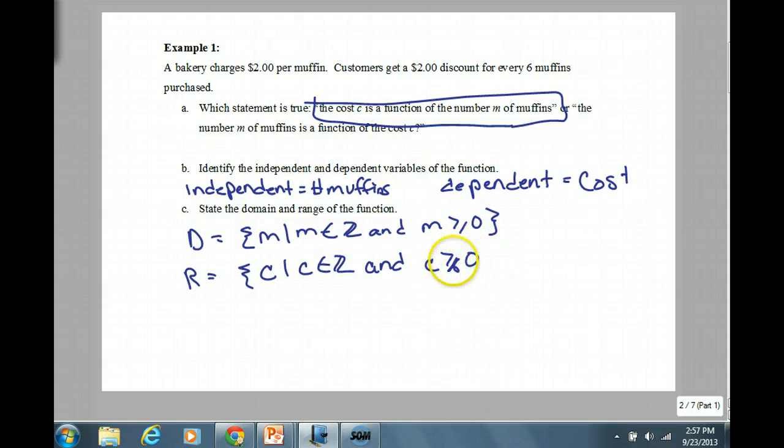Okay, that should be an equal to. And C is even, because they're charging $2 a muffin, right? So really, this is just a way of describing it using math, quote, ease, unquote. Okay? It's a math language. Everybody got that down?